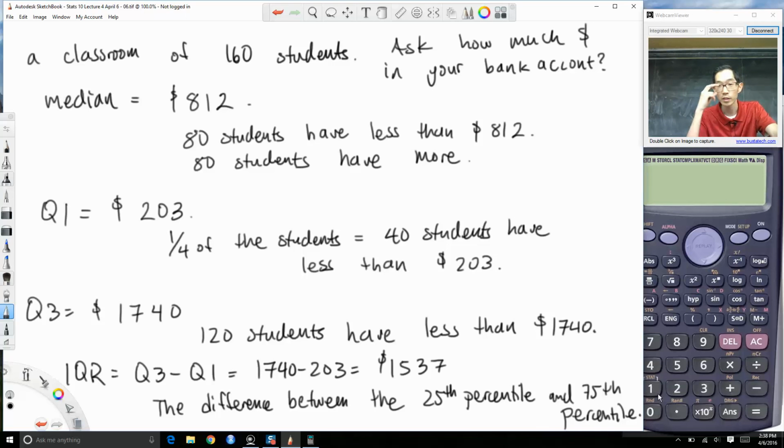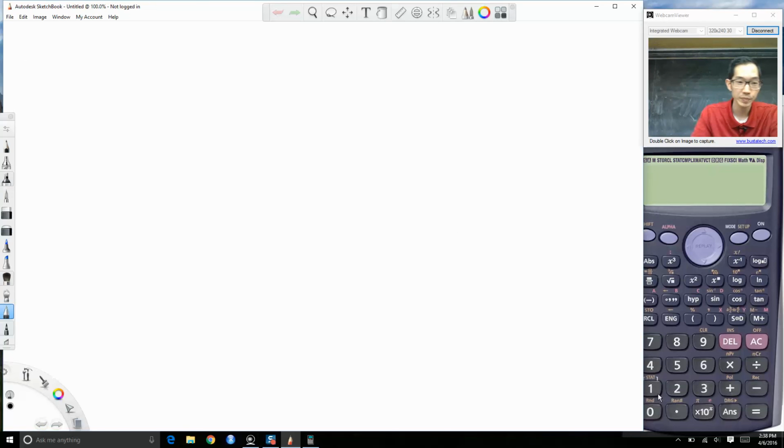So let's talk about finding these values if I were to give you a set of numbers. We'll say finding the median and IQR.